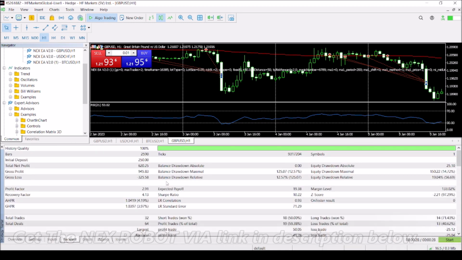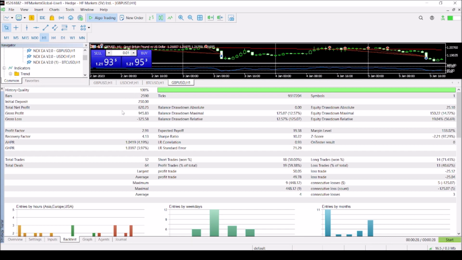So in this period, we can see that our initial deposit was $250, and after our net profit from January up to May, it was $620, and this was the gross loss and the gross profit. So our account balance was at 620.